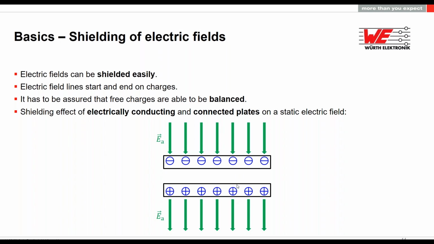We have a very good connection between these two surfaces, and then we avoid the antenna effect of this geometry. So we need to achieve that the transfer is complete, so we don't have a difference of potential.